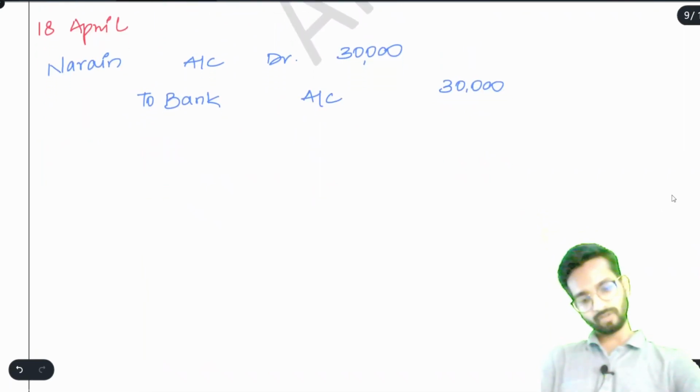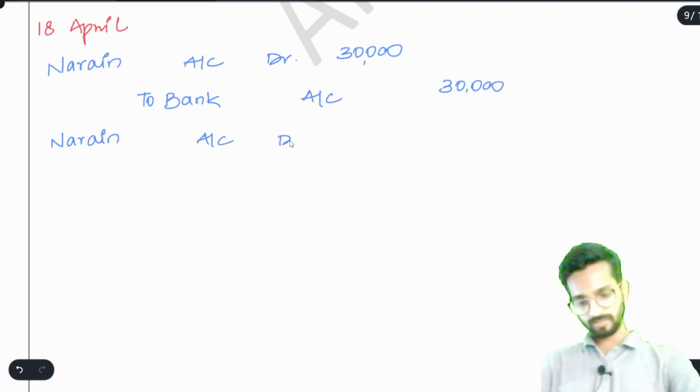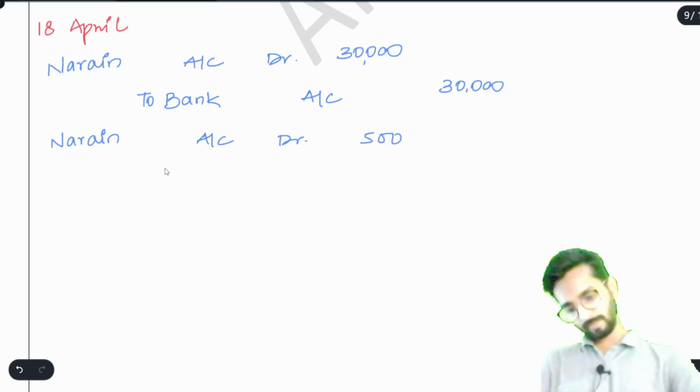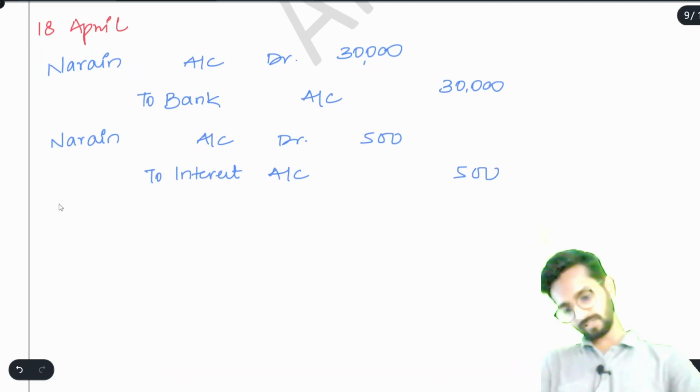So what is the entry for interest? Here you will write Narayan. We are supposed to receive money from Narayan, so Narayan account debit, 500, to interest account, 500. Why? Because this is my interest income.